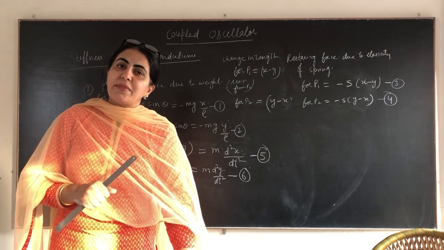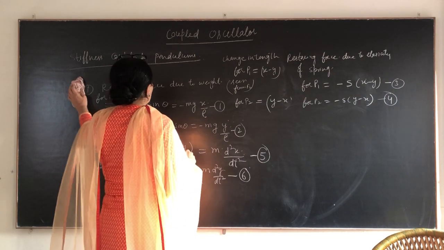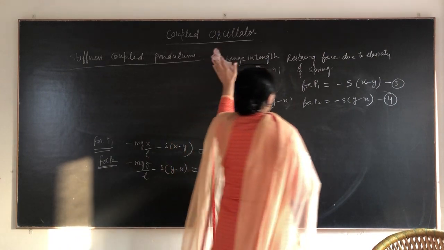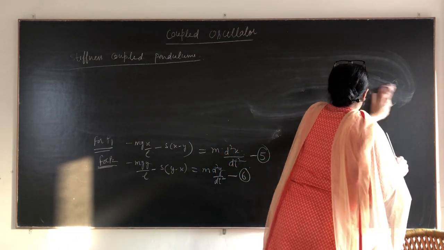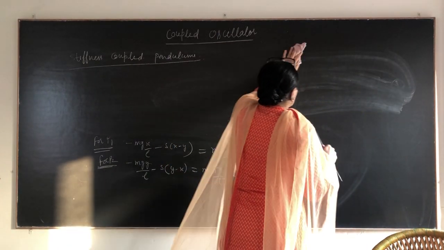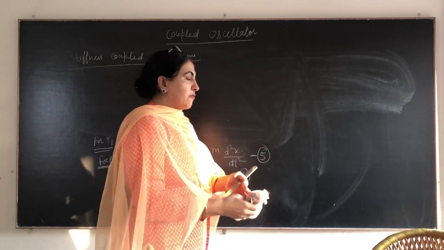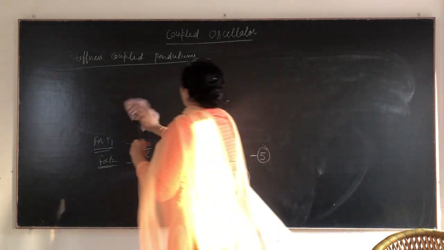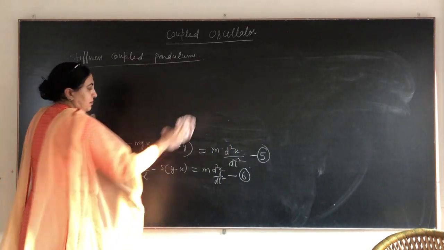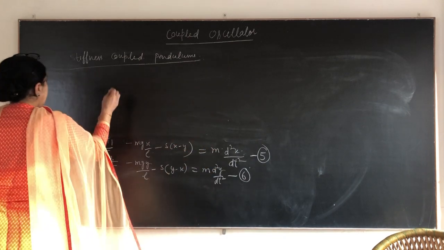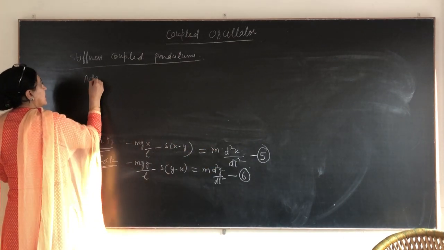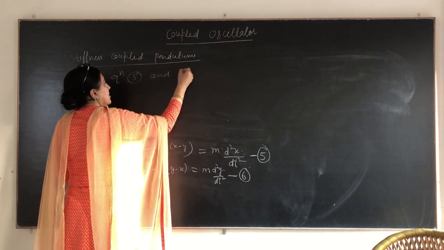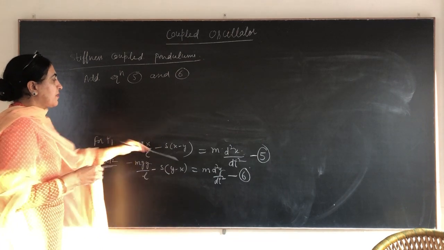Now we combine them and then we find the equation of motion for a coupled oscillator. First add equations 5 and 6. So we have two equations. When you add these two equations, what will be the equation?